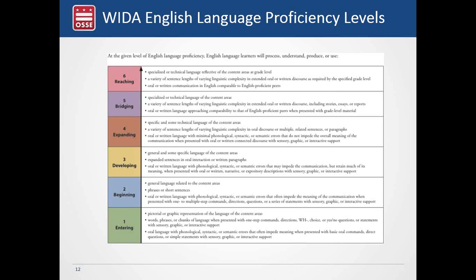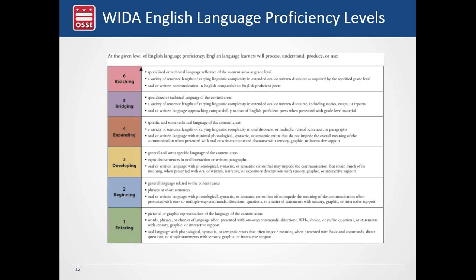If you look at this screen, here you see that a student at level 1 or entering has limited communication, has skills but may not know how to use those skills in the English language. So they're not yet able to transfer their skills from their home language to the English language, but they have that potential.